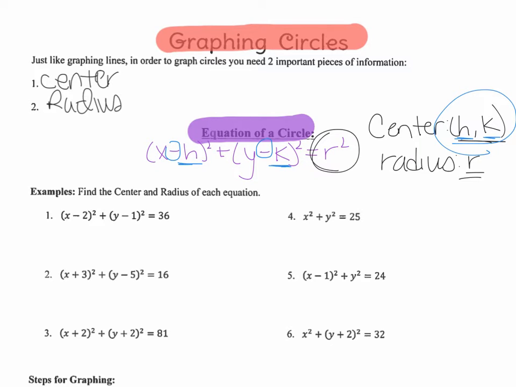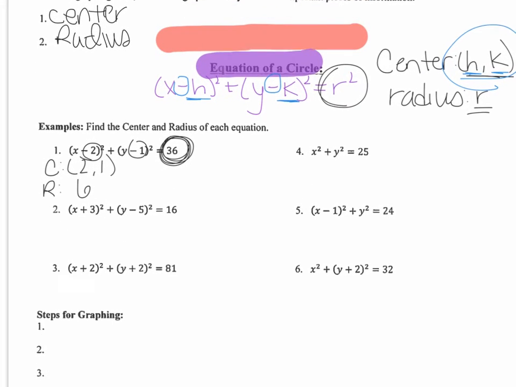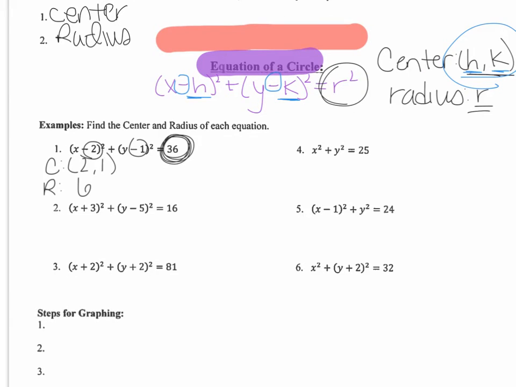So if we come down and look at this first example, it says find the center and the radius. My center is the opposite of x and the opposite of y, so it would be (2, 1), because that's h and k. And my radius is the square root of that number, so the square root of 36 is 6. If we go down and look at number 2, my center and my radius.